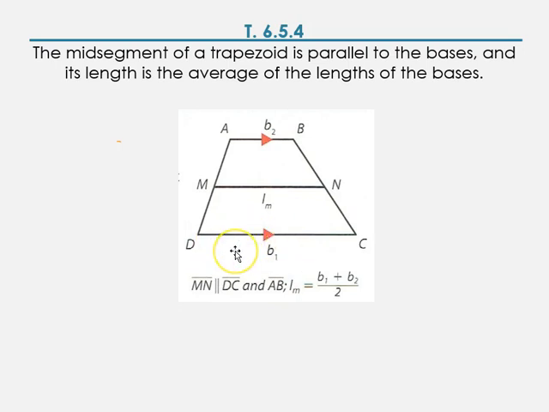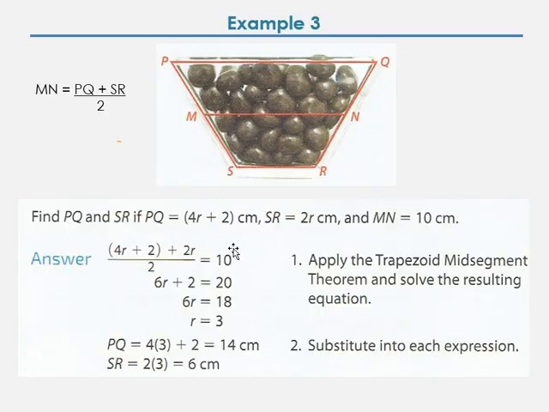And let's look at an example. So this is example 3 in your book. You have a trapezoid, and this trapezoid has a mid-segment right here, MN. So let's go ahead and use the formula from the last slide and substitute the values that we have here.